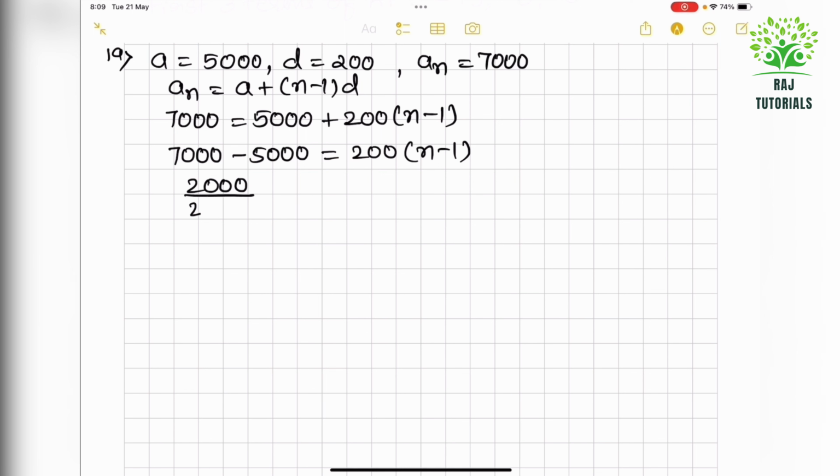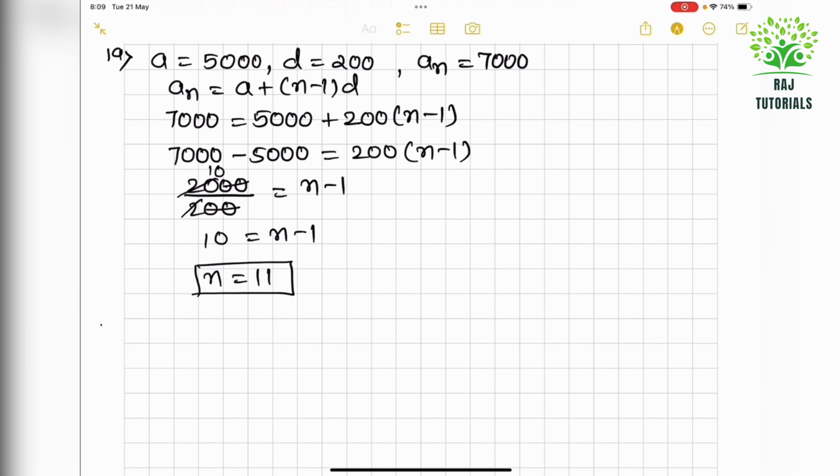So 2,000 upon 200 equal to N minus 1. So 10 equal to N minus 1. So N equal to 11. So in the 11th year, he reached 7,000 salary.